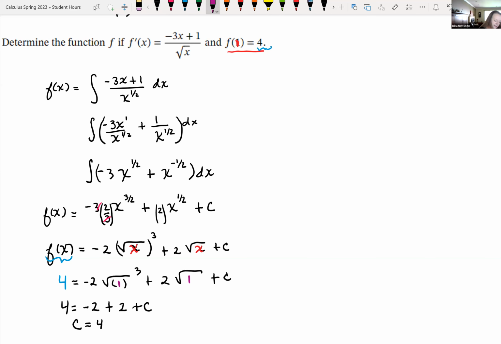So we know what C is, and now we know what our function f of x is with those conditions. So f of x is equal to -2 times the square root of x, quantity cubed, plus 2 square root of x plus C, and C was plus 4.